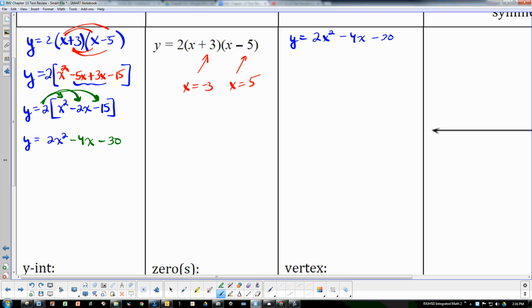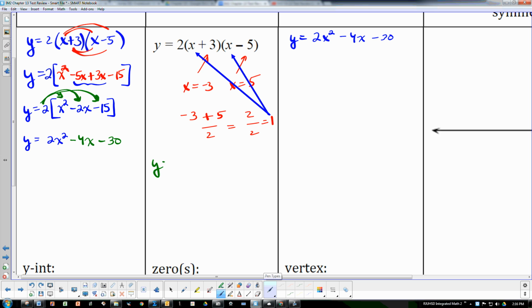So if you average those together and find the middle, then you're going to find the axis of symmetry. And that's not bad. All we have to do is -3 plus 5. And we're going to cut that in half, and that's going to be 2 over 2, which is 1. And then if you take this 1 and you plug it back in, you're going to then find the vertex. Let's just quickly do that.